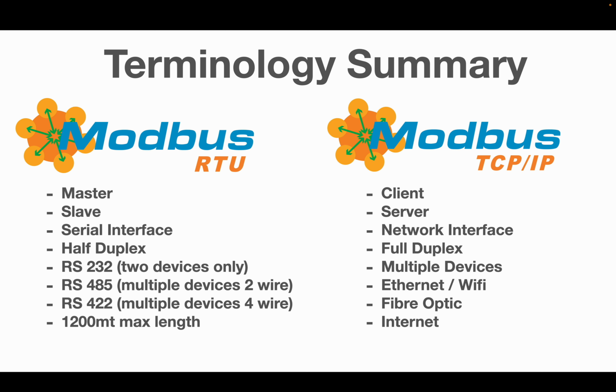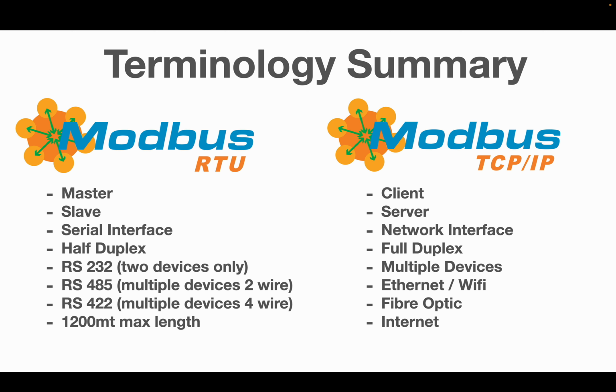You can only have a master talking to one slave, and that's it. On 485, we can have multiple devices. That's got to do with the tri-state drivers. The length, as you notice, is 1200 meters. That's quite a long distance that you can run a Modbus RTU signal.